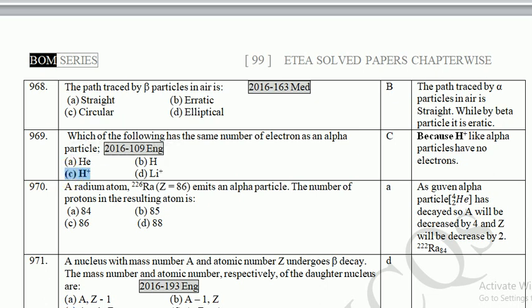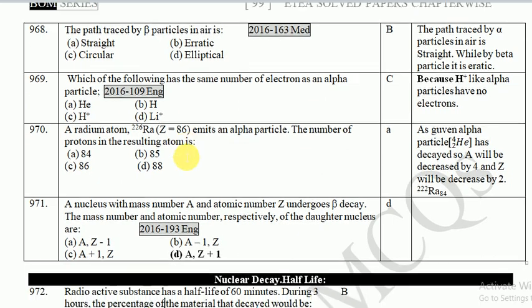The next is MCQ number 971. A nucleus with mass number A and atomic number Z undergoes beta decay. The mass number and atomic number respectively of the daughter nucleus are?